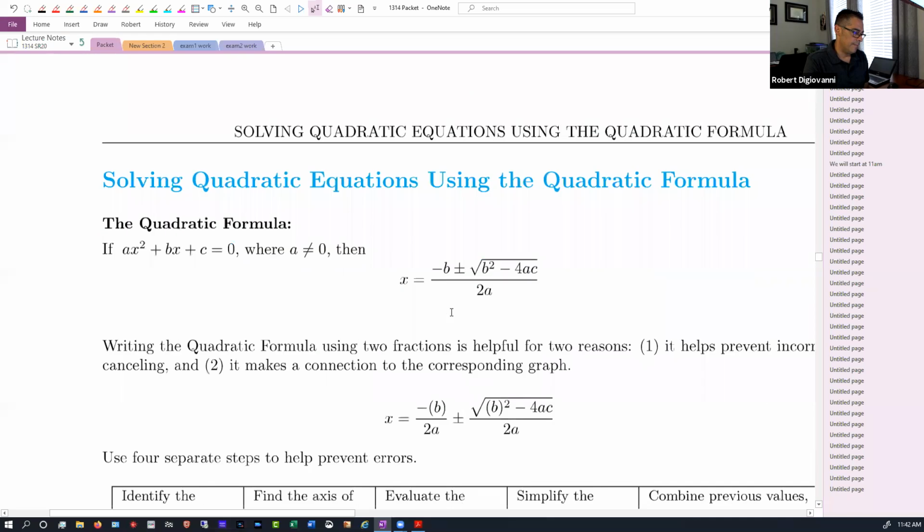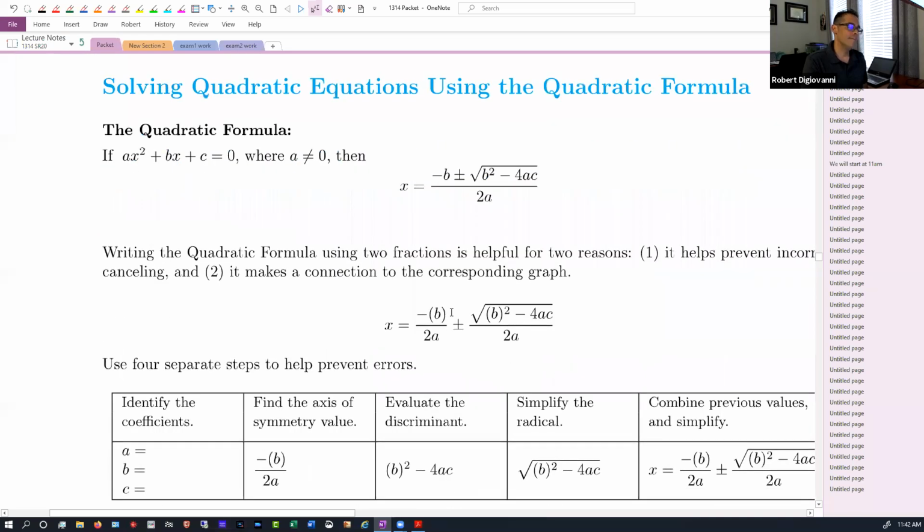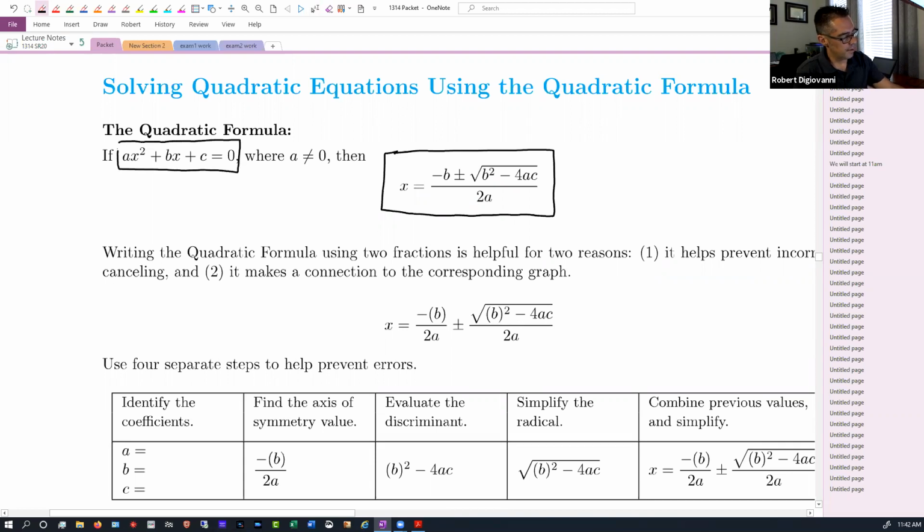Okay, so quadratic formula. Here's the quadratic formula. Maybe you've seen this before. The way this formula works is like this. If you have any quadratic equation, as long as you've got the variable in there, it's squared, that's all you need, and it has to be an equals in there.